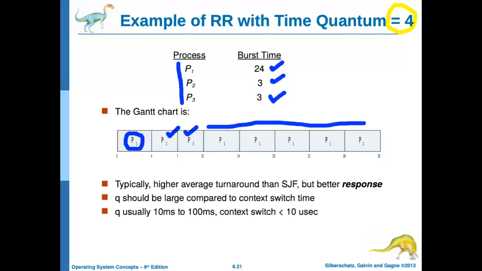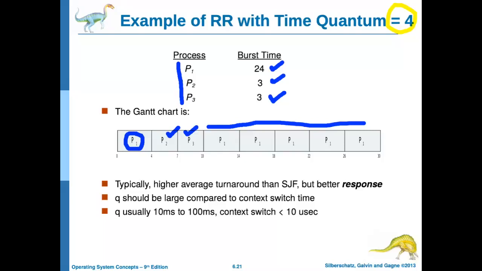The example definitely shows this gives you better response time. Like SJF always gives you less average waiting time, this algorithm always gives you quick response time. Right? And again, we also discussed that the time quantum we select matters because of the context switch overhead.